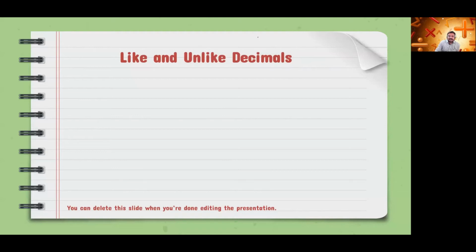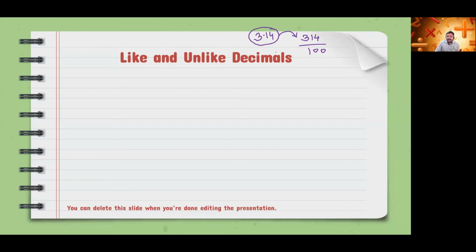Please mute yourself. I will explain it. Now suppose 3.14. This is a decimal value. We can convert this decimal value into a fraction. If I want to convert it into a fraction, it will come 314 divided by 100. Why have I taken 100? Because after the decimal point there are two digits.